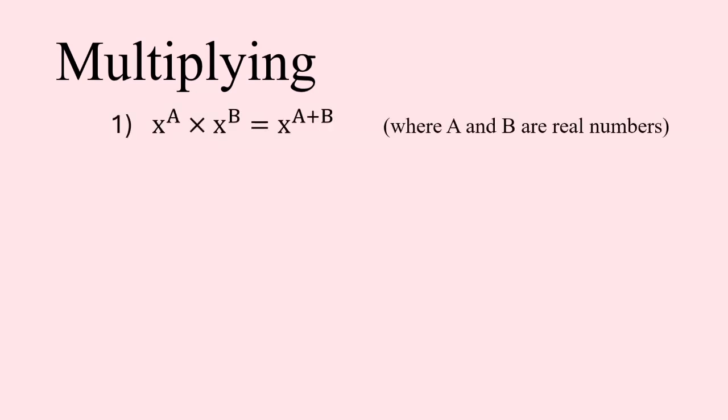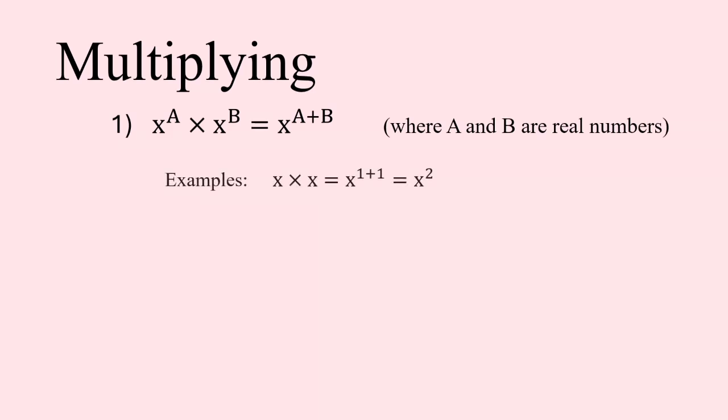Firstly, when multiplying pronumerals, add the indices. In other words, if a and b are real numbers, then x to the power of a times x to the power of b equals x to the power of a plus b.